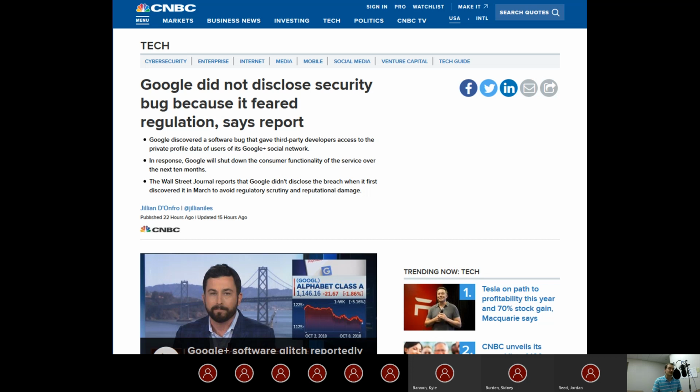Google held off on notifying the public, their shareholders, and government agencies for several weeks, and they gave their reasoning: they feared regulation. I'm not saying whether this is right or wrong, but regulation is something that many businesses in particular would be hesitant to support.